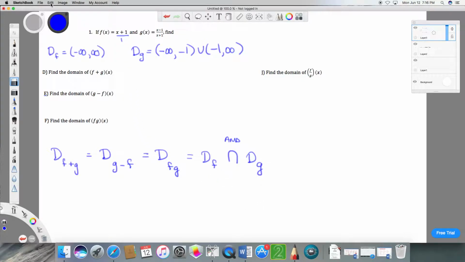And the number that's not in the intersection is -1. So the domain for all three of these, my answer for D, E, and F, is the same. It's from -infinity to -1, and from -1 to infinity. And that just happens to also be the same as the domain of g. Of course, that's not always going to happen.